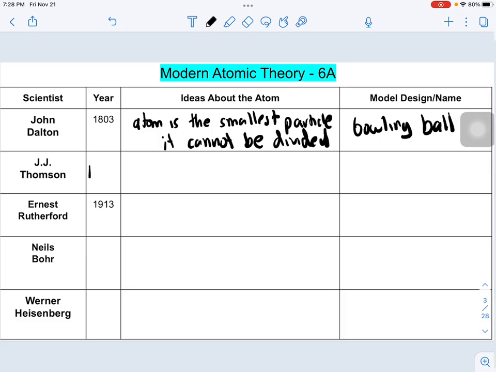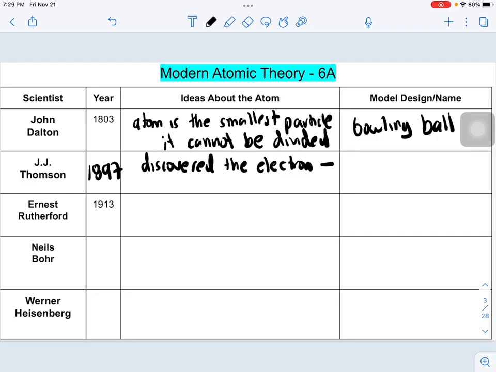J.J. Thomson comes along in 1897, and J.J. Thomson discovered the electron, okay? And he discovered that it was negative. So J.J. Thomson realized that John Dalton was partially correct.